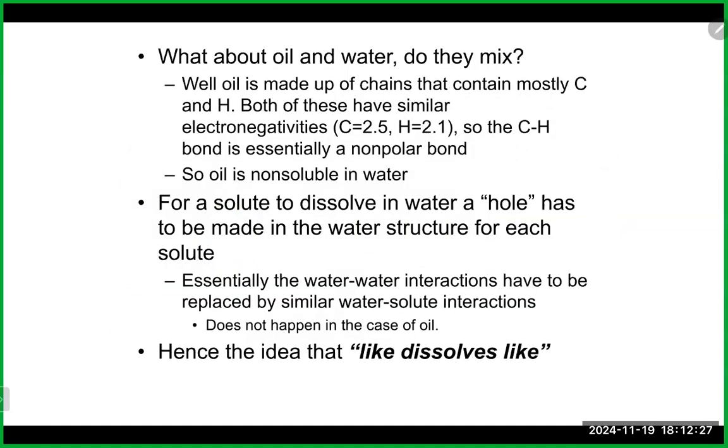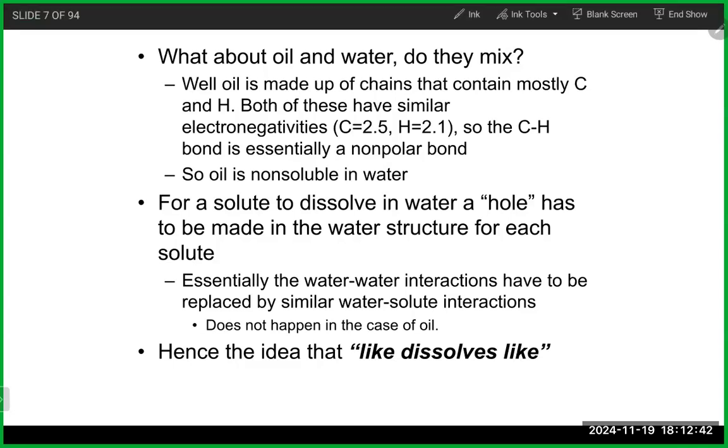Now, when we talk about something like oil and water, they don't mix. As you might be aware, when we have an oil spill, say in the ocean, the oil ends up basically just floating on the water. That's because they can't really interact for a long period of time. The reason for that is essentially oil is nothing more than a bunch of carbons, a lot of carbons, just imagine it keeps going and going, and hydrogens.